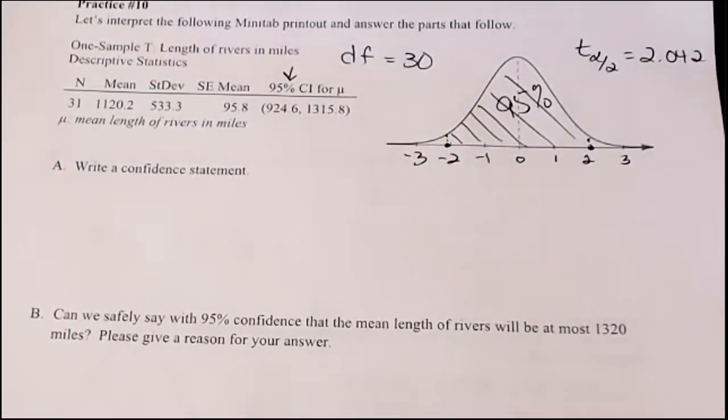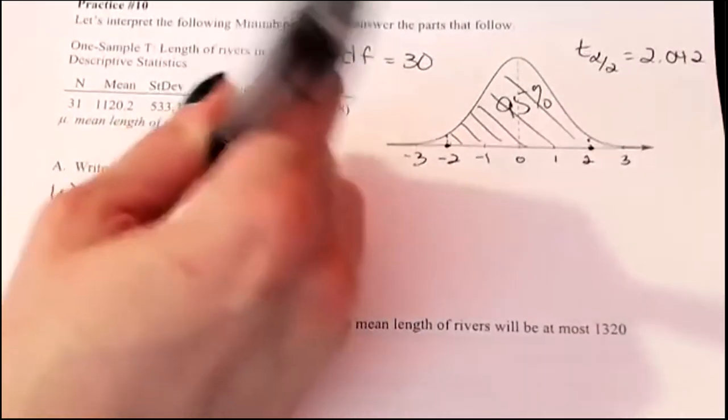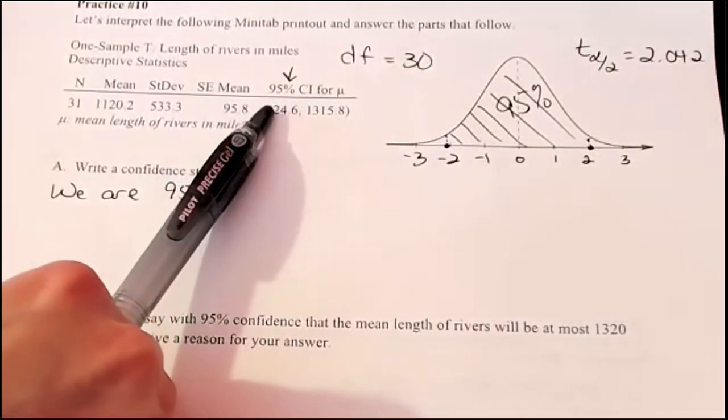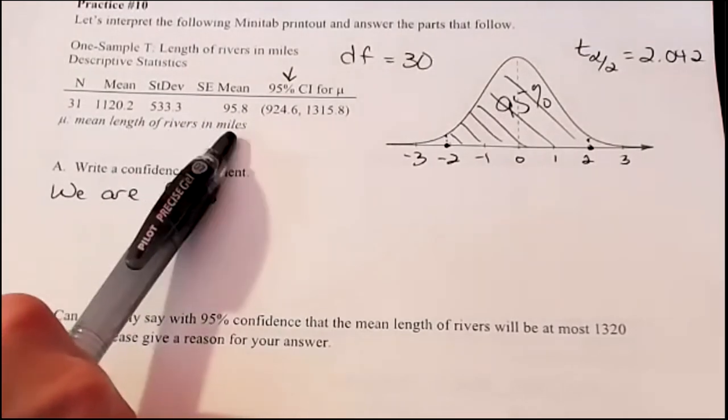So we're going to write a confidence statement. We are 95% confident, right? We have this information already provided to us. We also know that mu represents the mean length of rivers in miles.